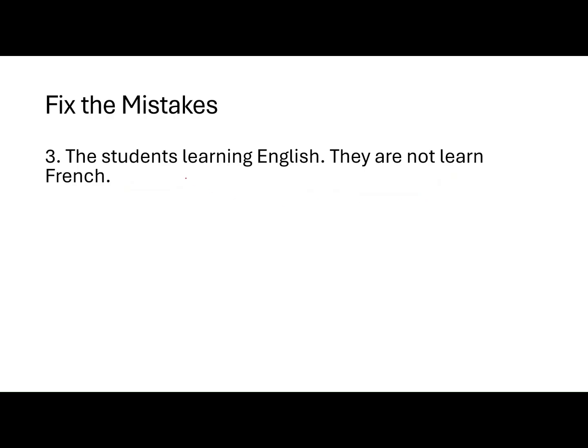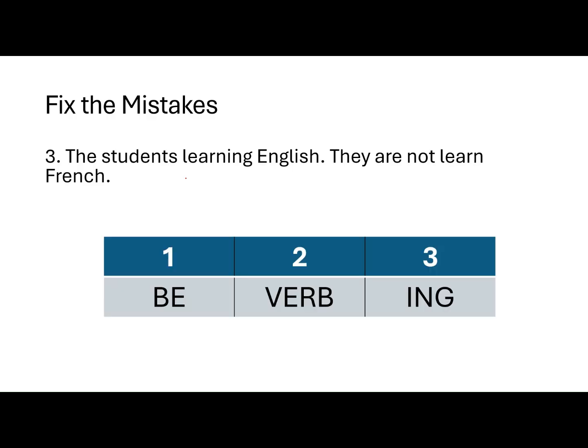Fix the present progressive mistakes in this sentence. The students learning English, they are not learn French. These are present progressive sentences, so I need to think about 1, 2, and 3. In the first sentence, I have learn and ing, so I have the 2 and the 3, but what I don't have is the 1, the verb be. So right here, I need to put are.